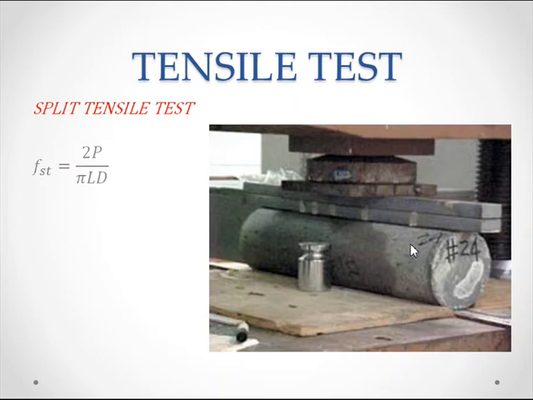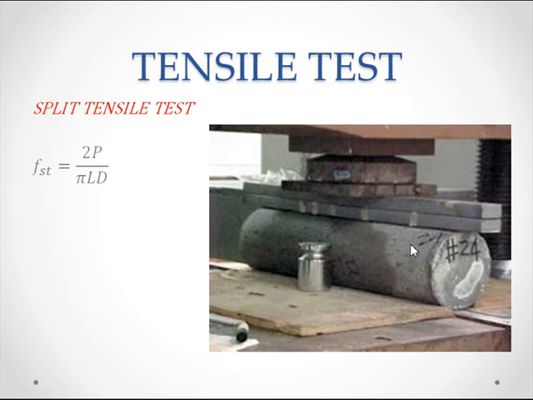The concrete sample has to be placed horizontally, and at the rate of 1.2 to 1.4 MPa per minute, we have to apply the rate of loading. After applying at this rate, the concrete specimen is going to fail, or the cylindrical mold is going to split into two halves.